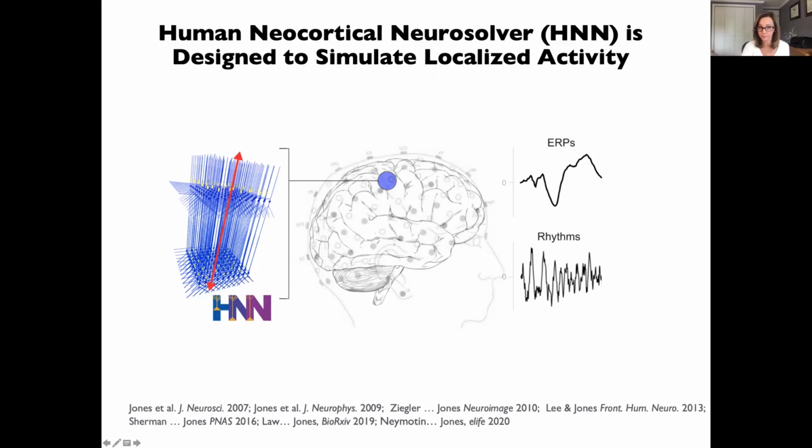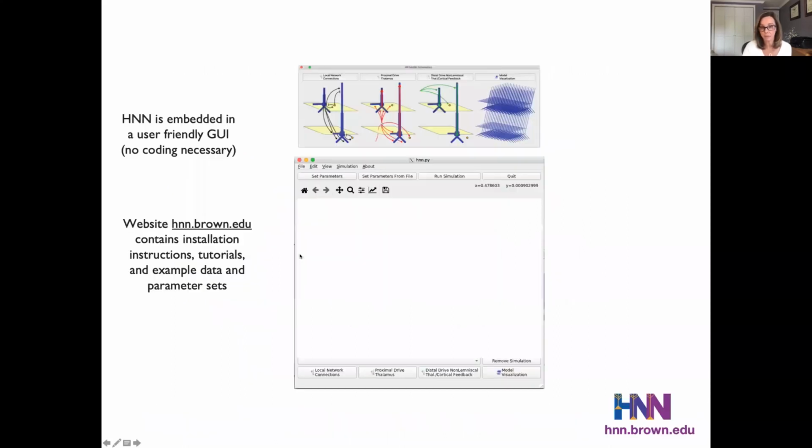And we've been specifically designing HNN to study some of the most commonly measured signals, including ERPs and low frequency brain rhythms. Now, this is a very complicated large-scale network model. All of the code is open source and it's available on GitHub. However, if you don't have experience building and working with neural models, the code can be very difficult to understand. And so in order to make this model accessible to a broad community, we've embedded it in a user-friendly graphical user interface.